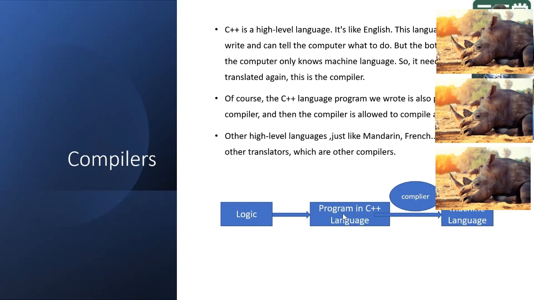I want to do something. It's logic in my brain. And I translate this logic into English. Then there should be another translator here. It's the compiler. It will translate my English to French, right? So that Kevin can understand what I'm talking about, okay? So there are lots of translations, okay?